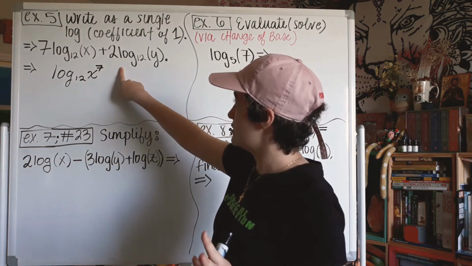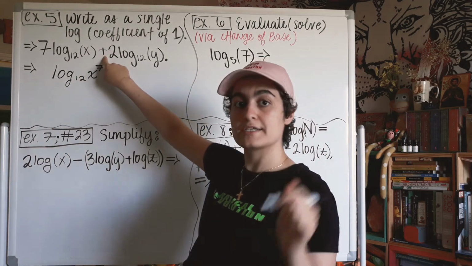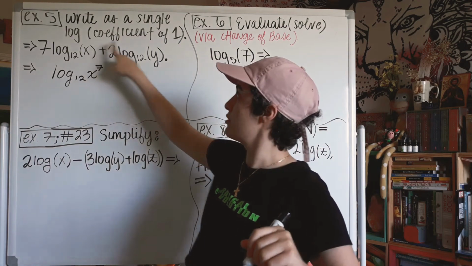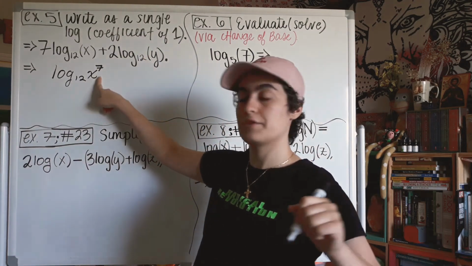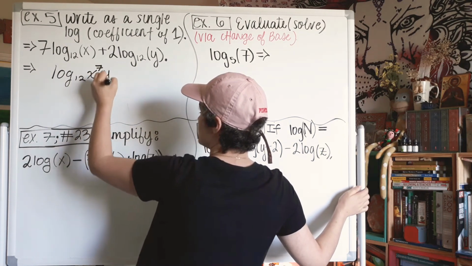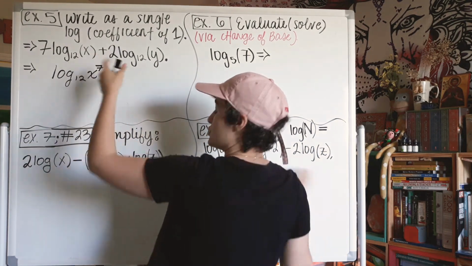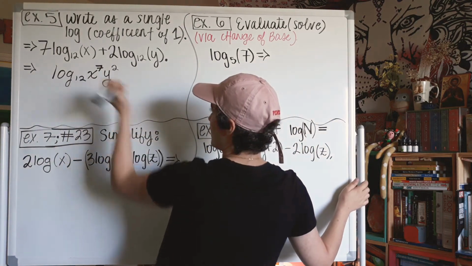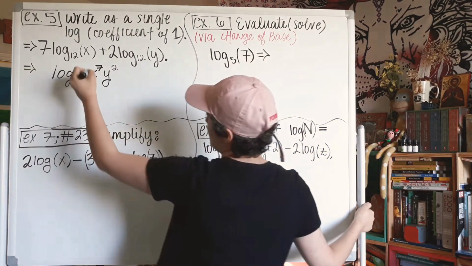Now onto here. So when I'm adding, please remember the product property. So everything in the parentheses, we're going to multiply them. Y. So we're going to do the reverse of law 3 again. Y squared. Okay.